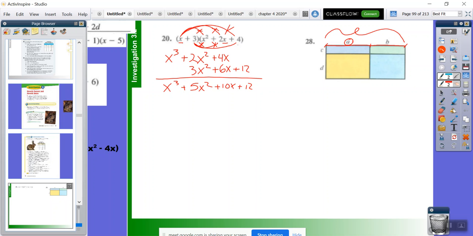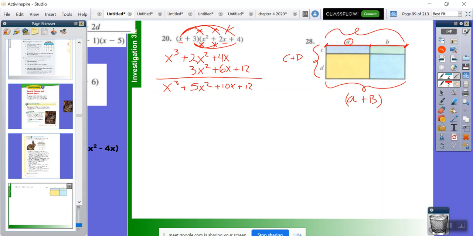If I was walking from this corner to this corner, and I walked A and then B, I'm adding them. So this whole side length has a length of A plus B. What does this side length have? C plus D.